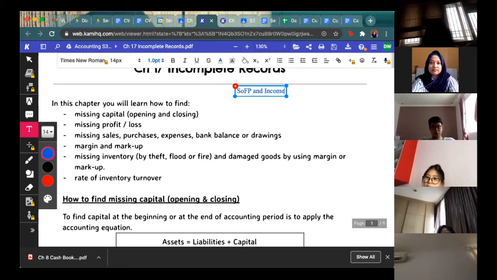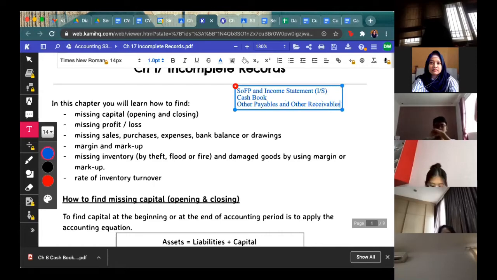And then the income statement, or IS. We will deal with this a lot. And then the other one will be cash book, and then other payables, and other receivables.